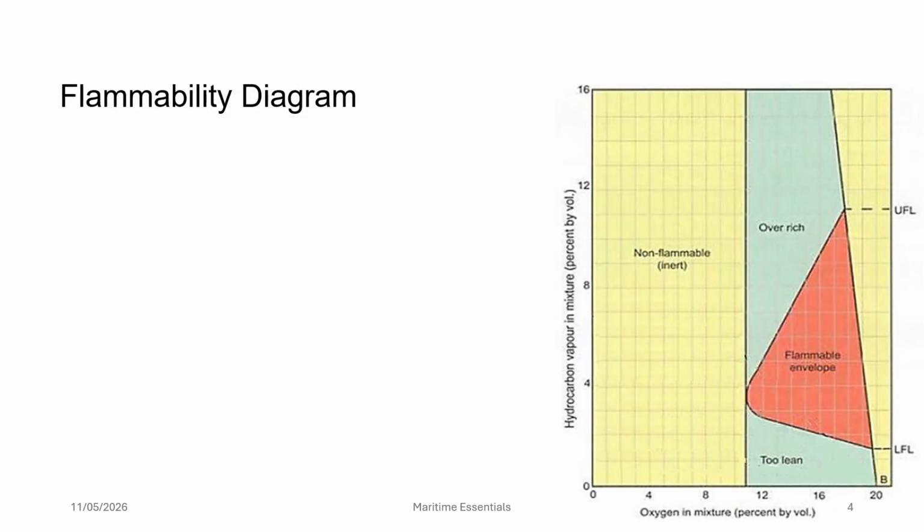Let us see what a flammability diagram is. Here on the right-hand side you can see a flammability diagram. Here we have a flammable envelope. Here we can see the over-rich region, where the cargo concentration is too much and therefore the oxygen is very little, so there will be no combustion. And here the cargo concentration is too little to support combustion.